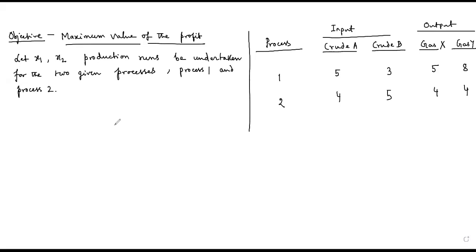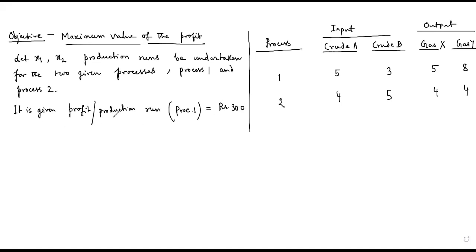Now, it is given profit per production run for process 1, I'm writing it as proc 1, is rupees 300.